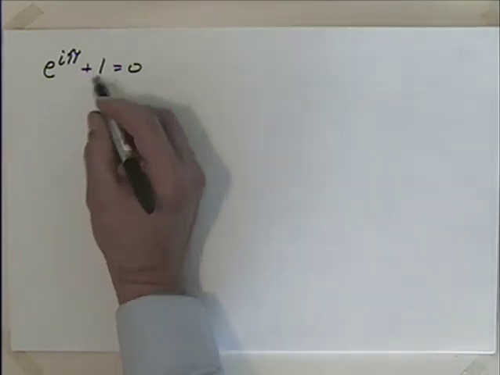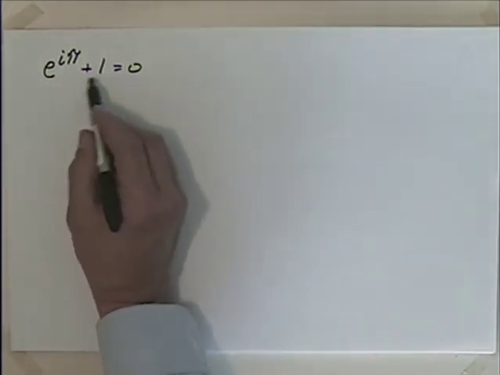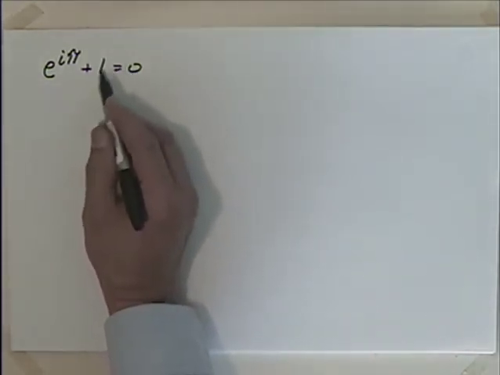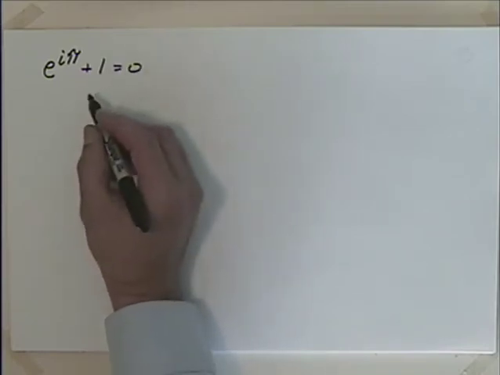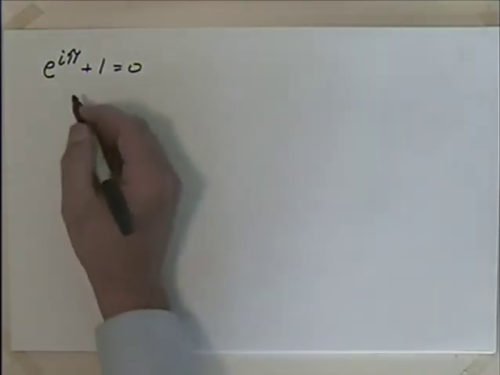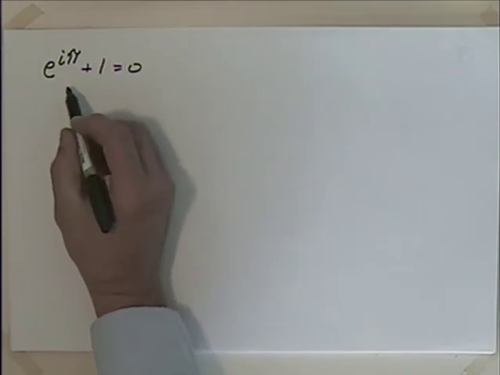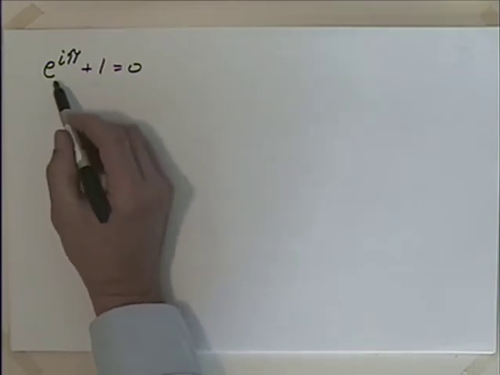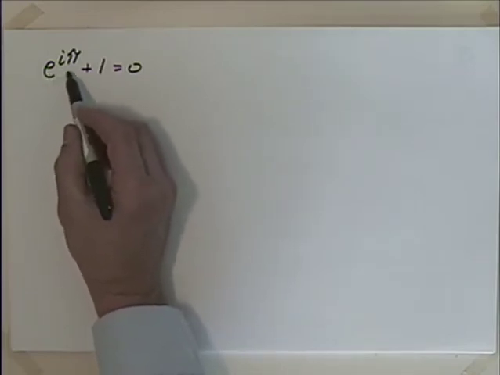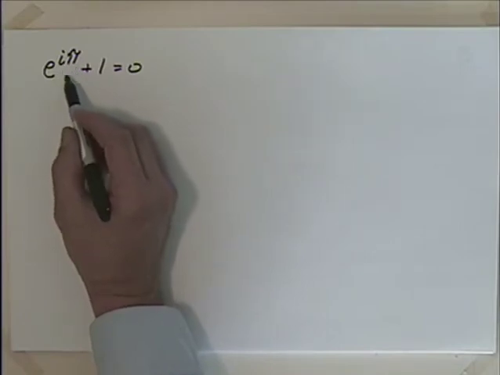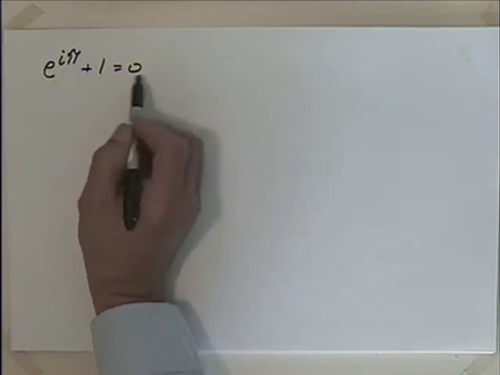So anyway, Euler's identity. We're going to use Euler's equation a lot. We've already talked about Euler's equation, but this is kind of neat, and again shows you how cool Euler was. You have all the neat pieces here. You have the base of the natural logarithm, you have pi, you have the square root of minus 1, you have 1, and you have 0.